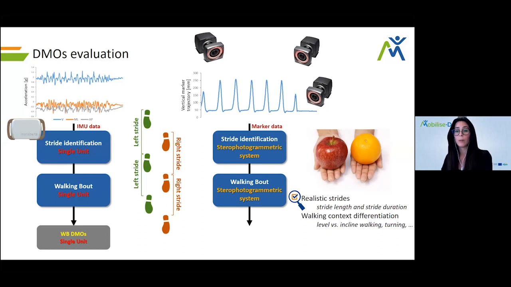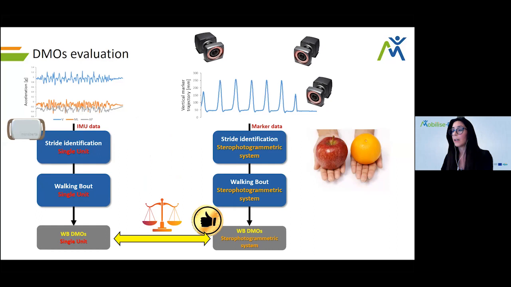And from this walking bout, which is, let's say, our period of observation, we can extract different digital mobility outcomes, such as walking speed or cadence. And at this point, we can compare the digital mobility outcomes that we have estimated with a single unit to the ones that we have extracted with the stereophotogrammetric system and assess how good those estimations are.